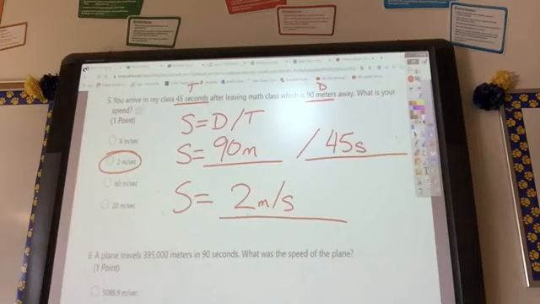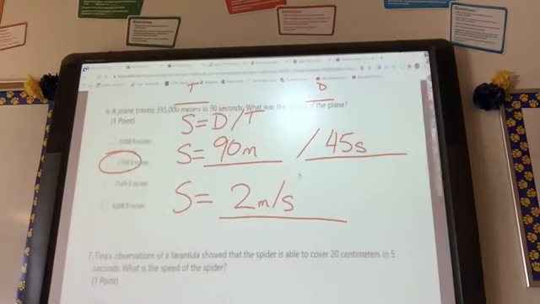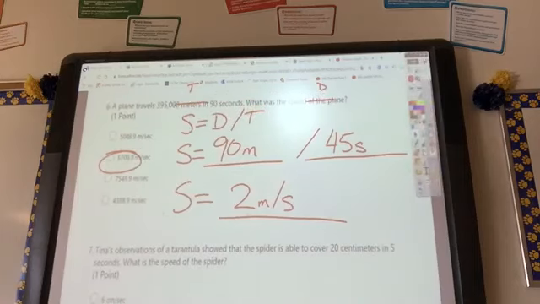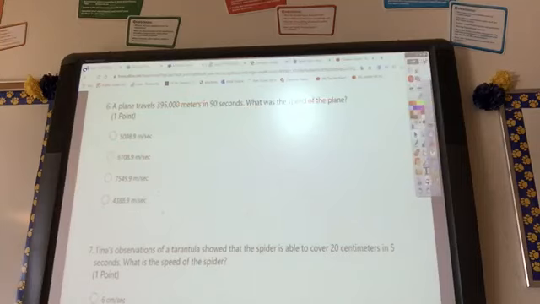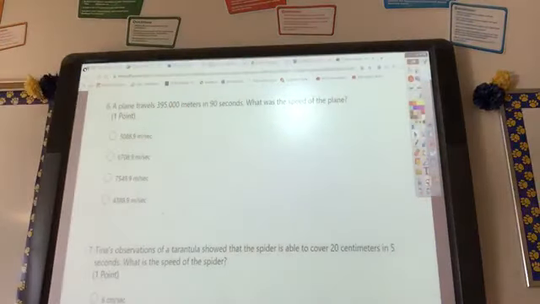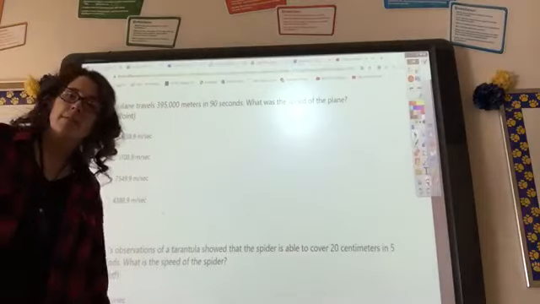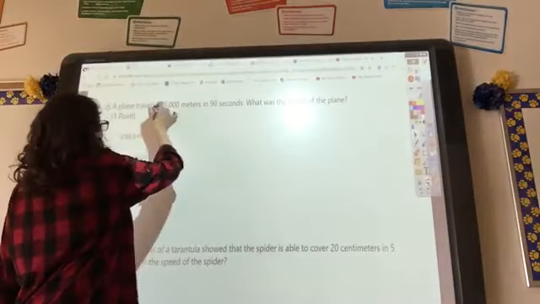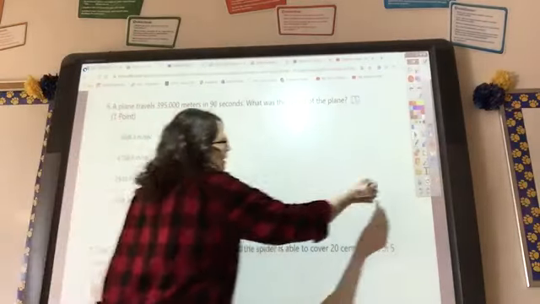Let's see. Number 6 says a plane travels 395,000 meters in 90 seconds. What was the speed of the plane? Same as we did all the rest of these. We're going to find the distance. Uh-oh.